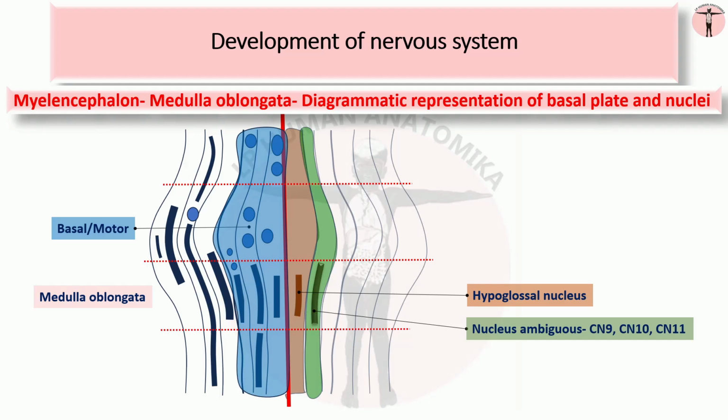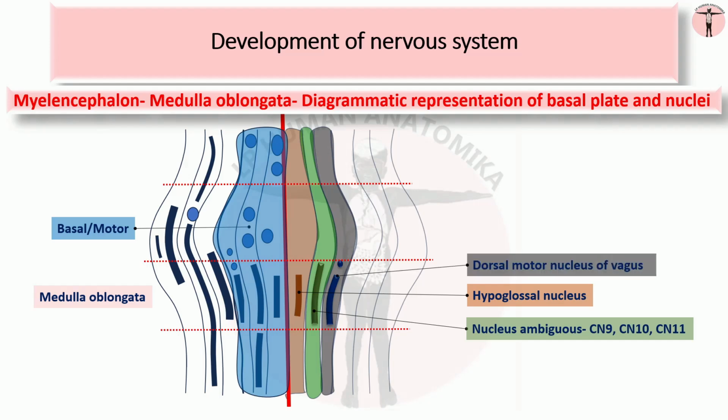These fibers innervate the muscles derived from the pharyngeal arches. General visceral efferent is represented by neurons of the vagus and glossopharyngeal nerves and are called the dorsal motor nucleus of the vagus and the inferior salivatory nucleus of the glossopharyngeal nerve respectively.